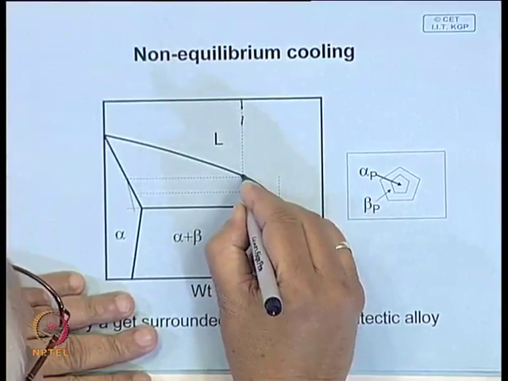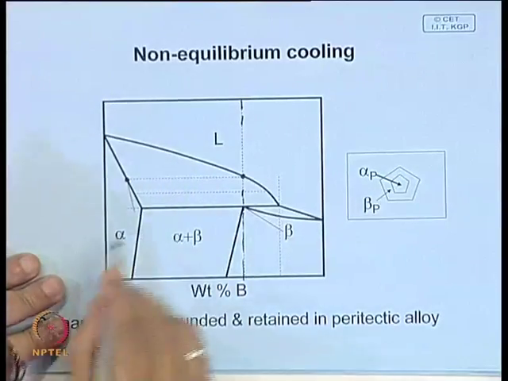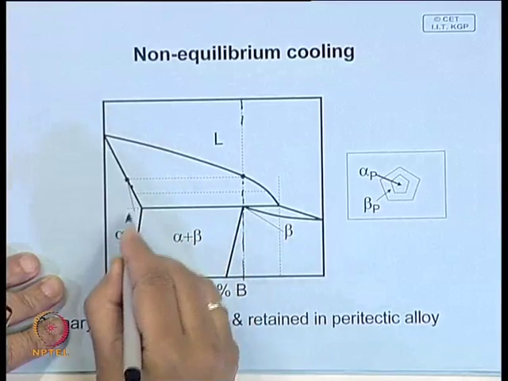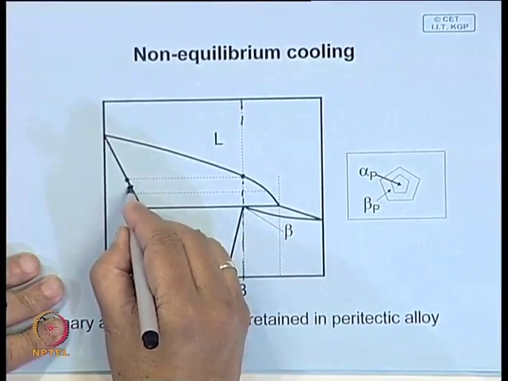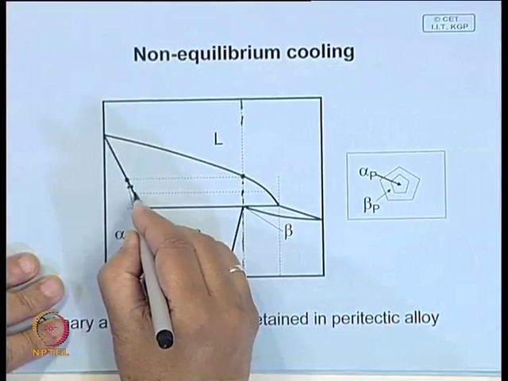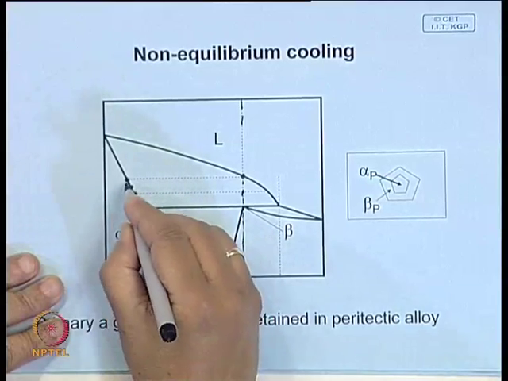Now, the first liquid which precipitates out will have this composition. When it comes here, its composition of the liquid and solid will be this, and the average composition will be this. When it is here, the new solid which precipitates out has this composition, and the average composition is this.